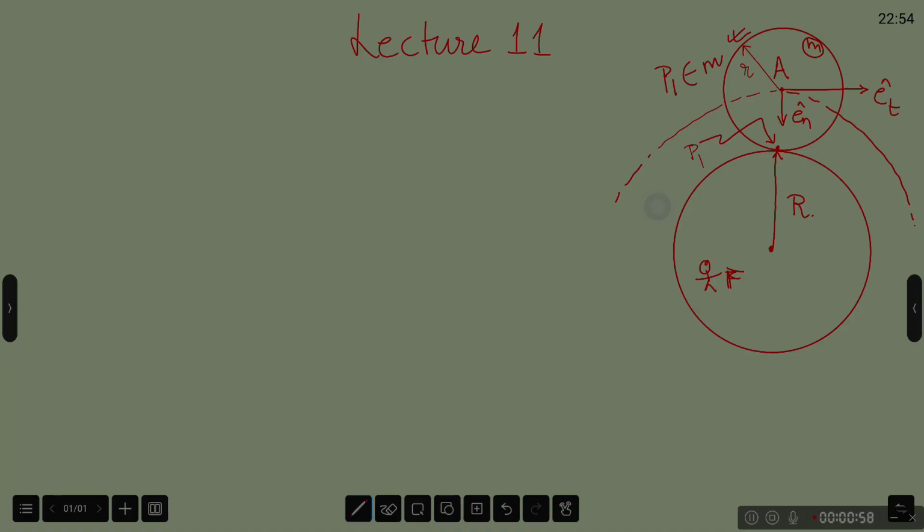Our interest has been to find out the velocity and acceleration of a couple of points of interest.